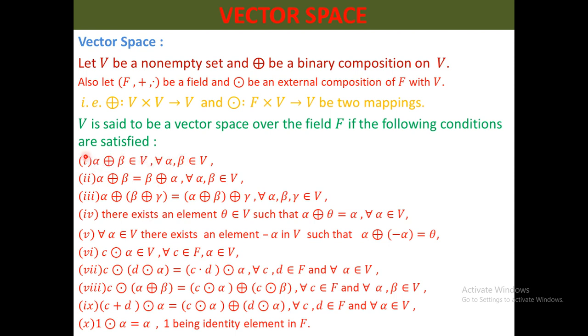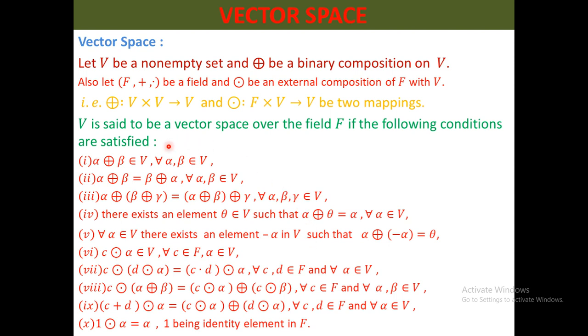From the first 5 conditions, this is closure property for addition, this is commutative property for addition, this is associative property for addition, this is additive identity theta, and number 5 is additive inverse.